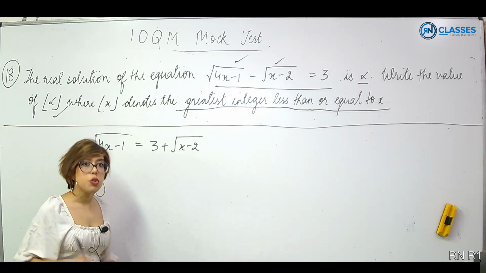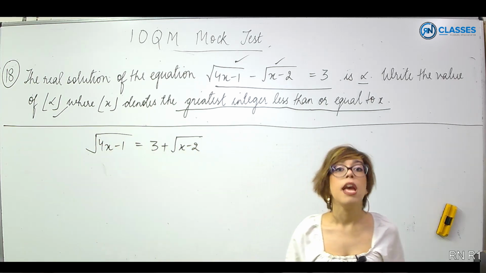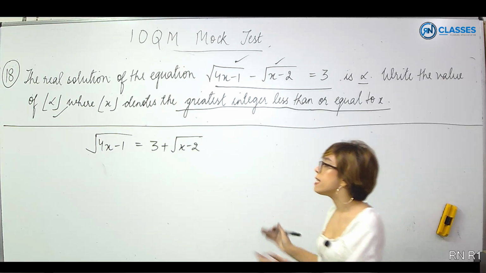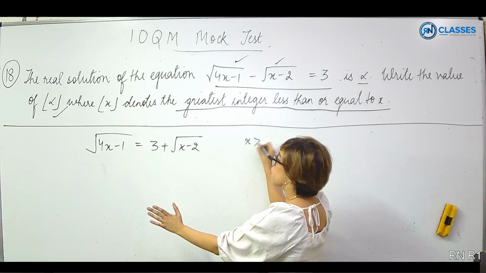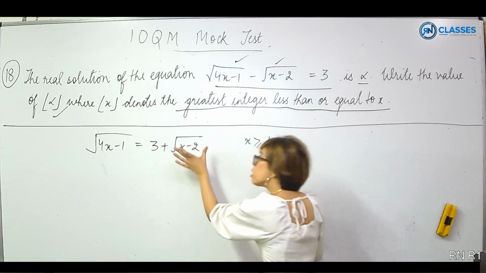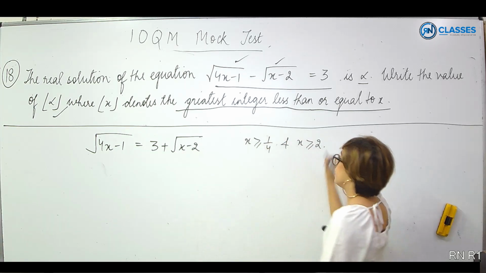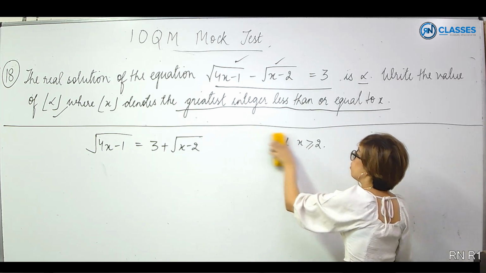Mind it, before squaring, either I can proceed with domain, or if I'm not proceeding with domain, I will put in and check the answer. If I want to talk about domain, obviously this quantity needs to be defined. That will be defined when x is greater than or equal to 1 by 4. And this quantity needs to be defined, so x should be greater than or equal to 2. So intersection of both of these, obviously I can write x is greater than or equal to 2.